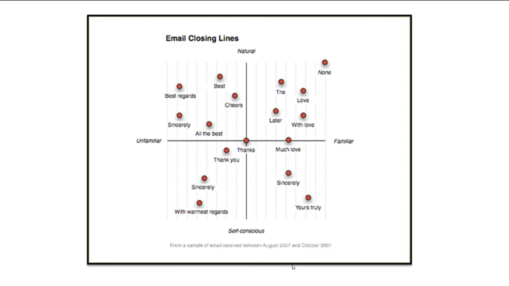Because they all really have different levels of formality. You see, my favorite, thanks, is right there in the middle as a completely neutral closing line.